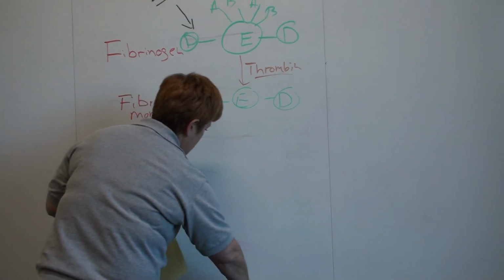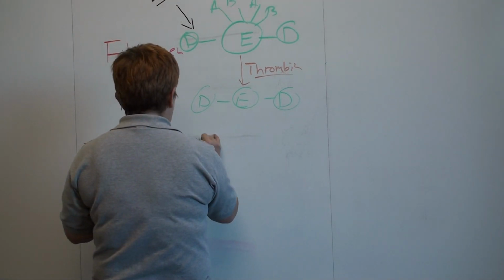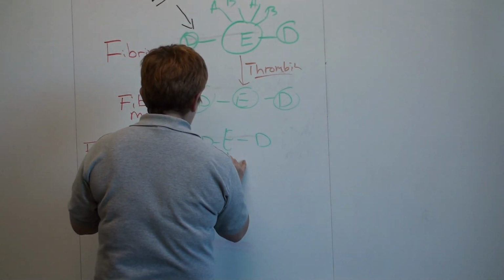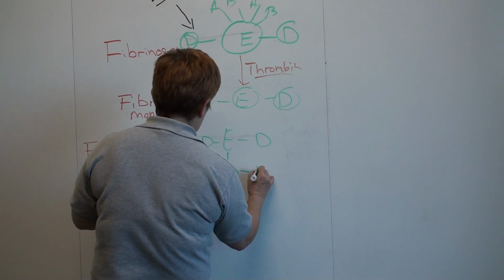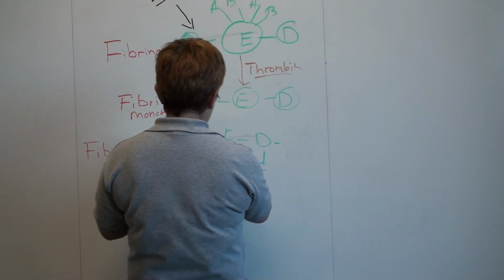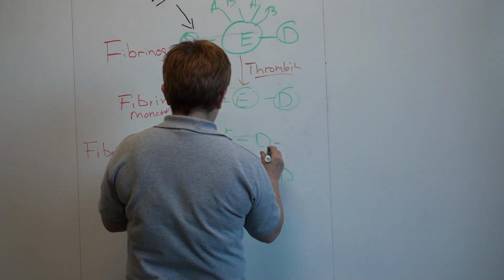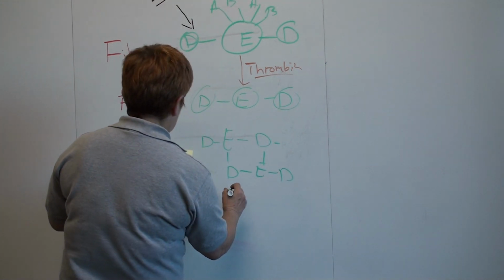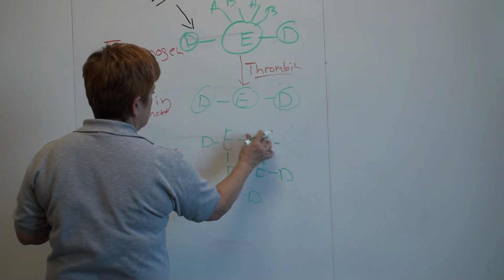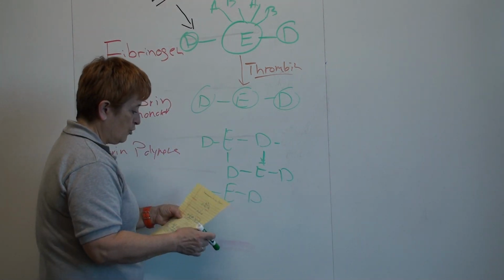So what happens is spontaneously I'm getting all of these products lining up with each other. Remember that D has to go EDD, EDD. So then I can have a D, E, D, D. Then all of these EDDs line up to each other and make a polymer.